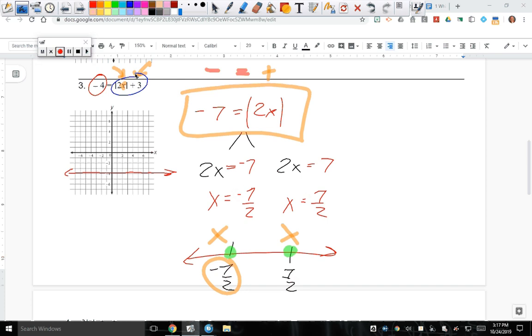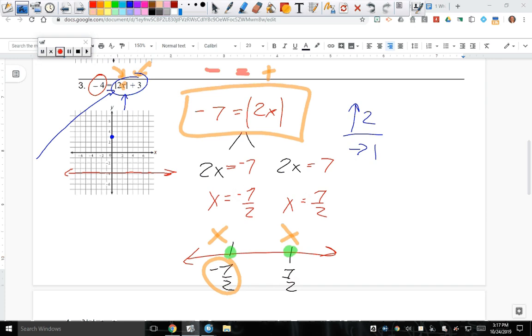0, 3 is the vertex. Is it looking up or down? Up. What's the slope? 2. Does that mean I go up 2 over 1? Yes. So listen, look. This, name the transformation. Horizontal compression by 1/2.